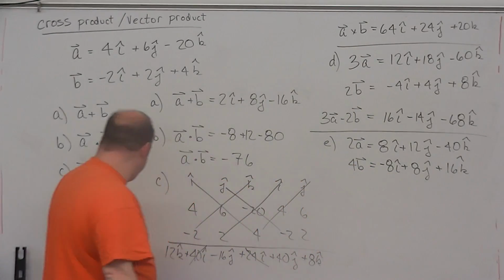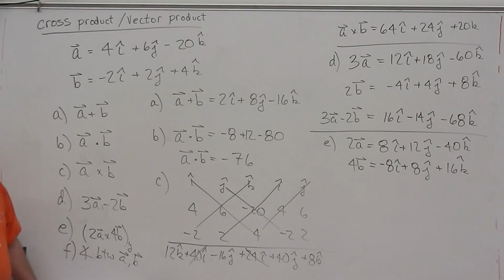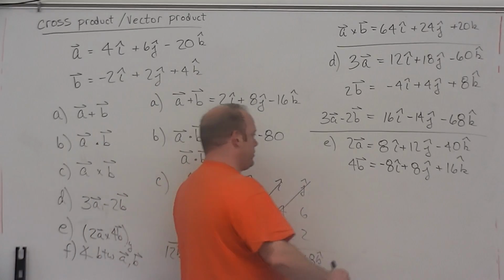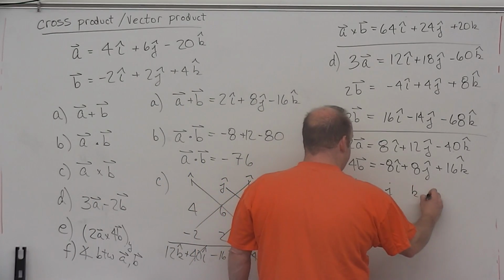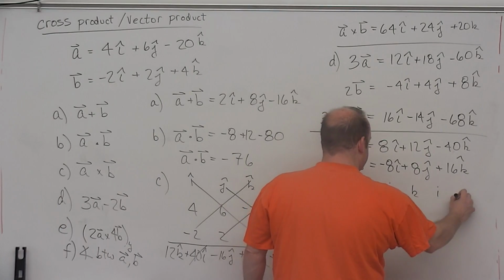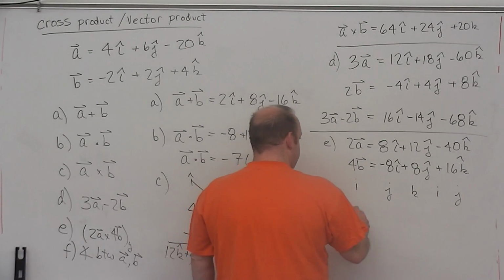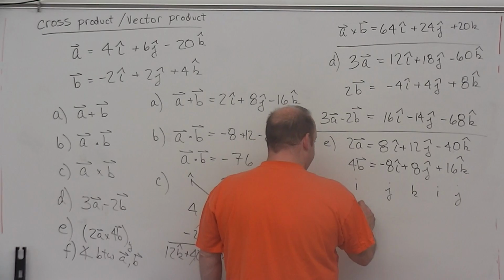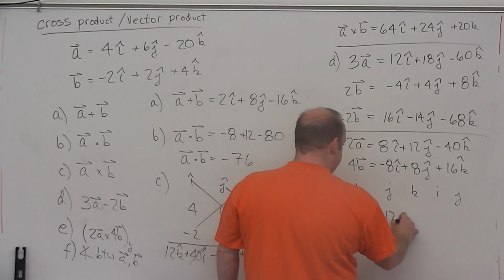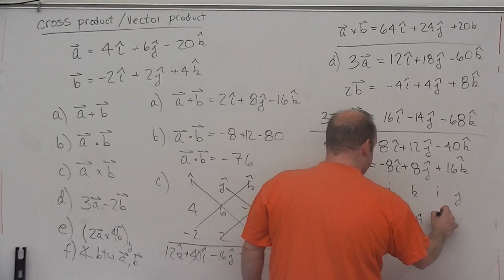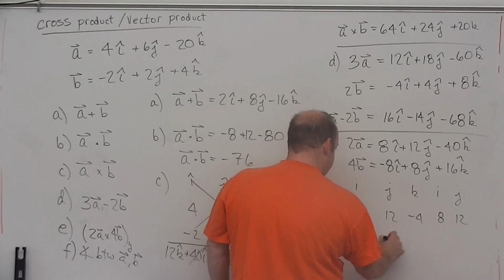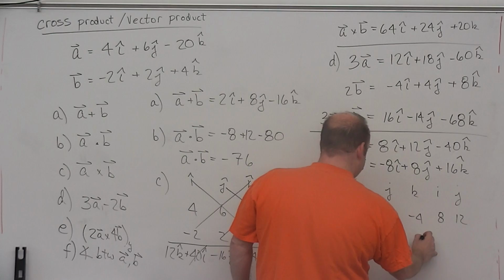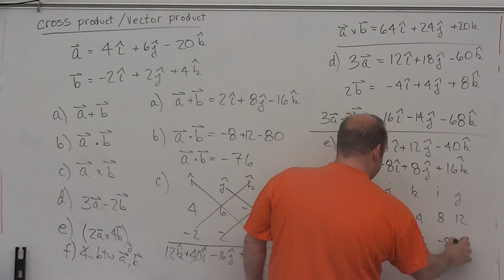And I wanted the y component of 2A cross 4B. So now, i, j, k, with 8, 12, negative 40 and negative 8, 8, 16.